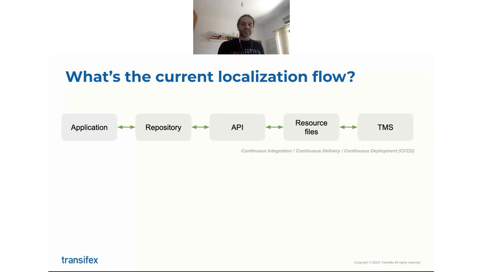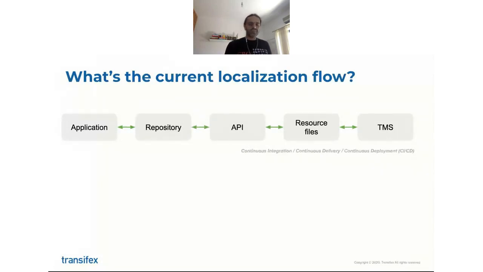When localization enters this flow, some additional steps need to be added, which are the 3 steps that are shown here, in order for the application to communicate with the translation management system and get content localized.